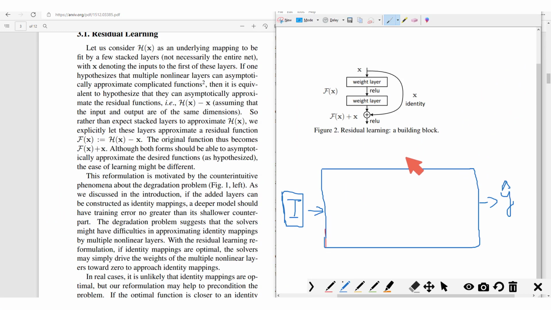So we've just seen that making our network deeper, or increasing the number of layers, makes it difficult to propagate information from one end to the other end.